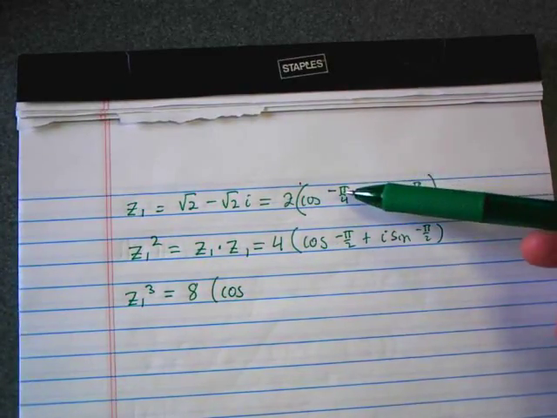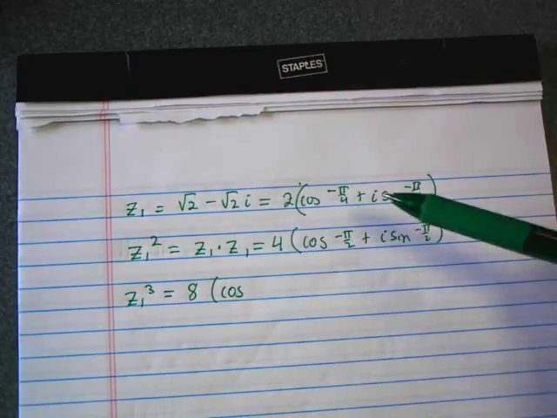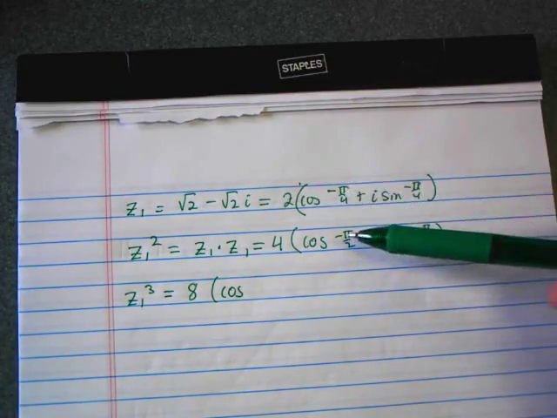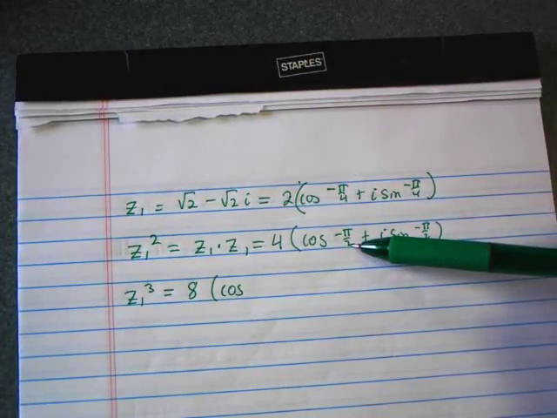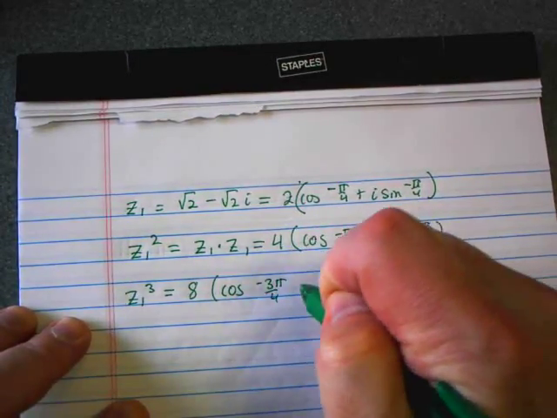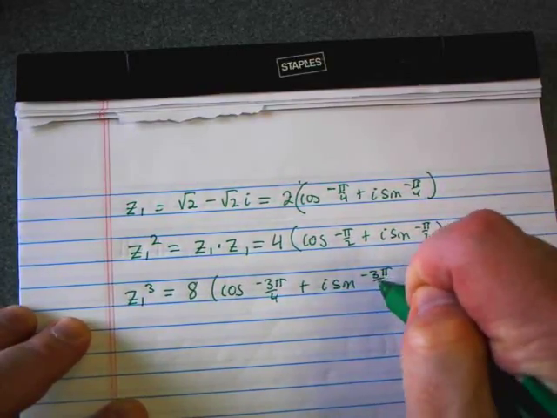So I'd have negative pi over 4 plus negative pi over 2. But remember, negative pi over 2 was negative pi over 4 and negative pi over 4 again. So I would have negative pi over 4, negative pi over 4, negative pi over 4. What's that? Negative 3 pi over 4. Plus i sine negative 3 pi over 4.